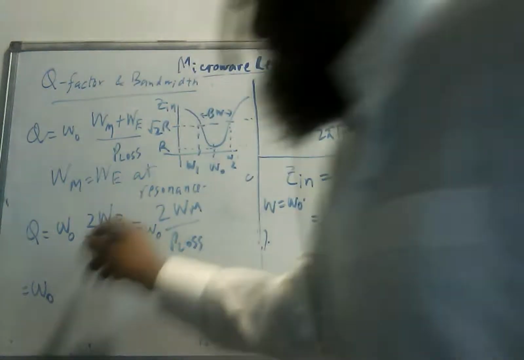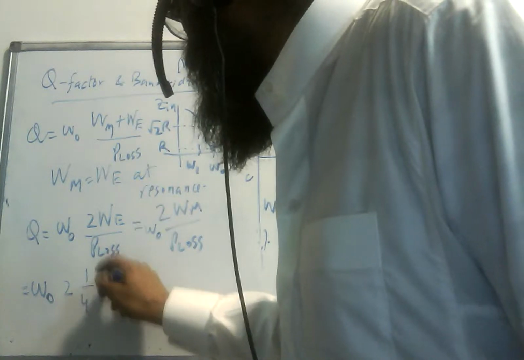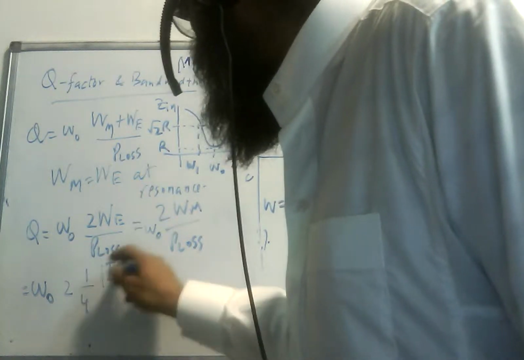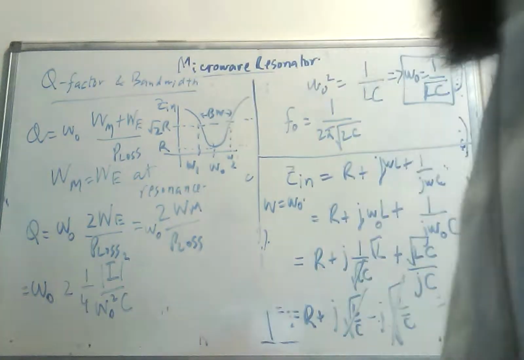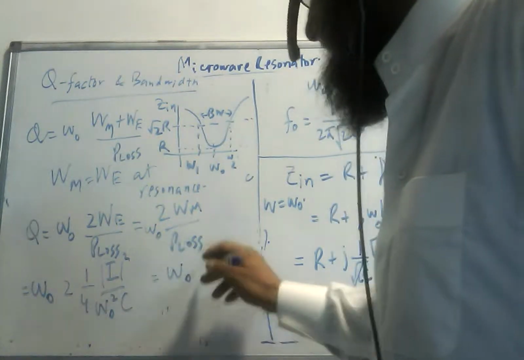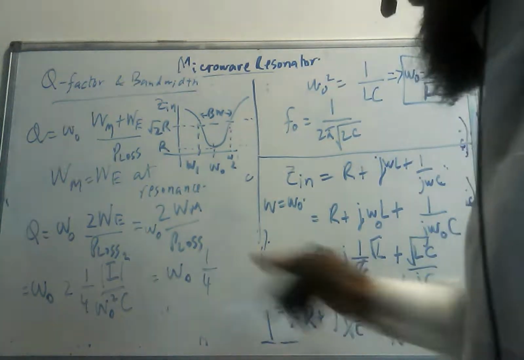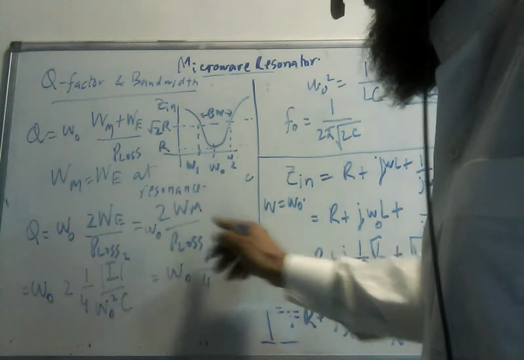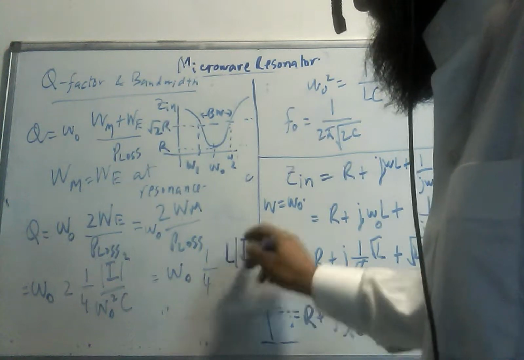multiplied by 2 We. So I know that We is given by 1 over 4 I square divided by omega naught square C. And this is also equal to omega naught. So these two will give me the Q factor in terms of L and C. So this is equal to the magnetic energy, which is L I square.